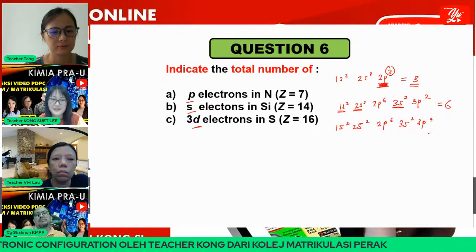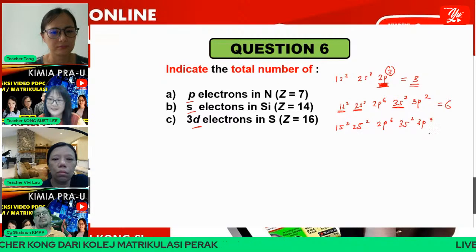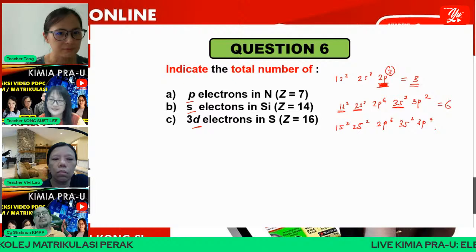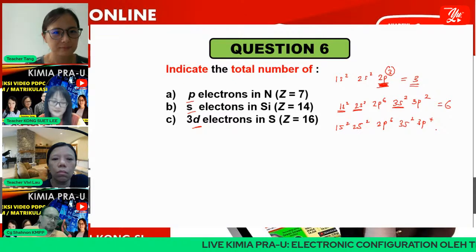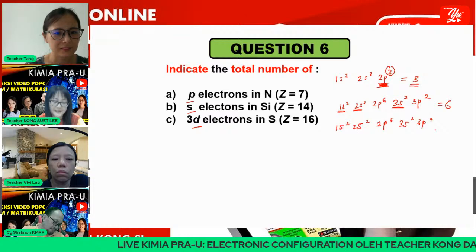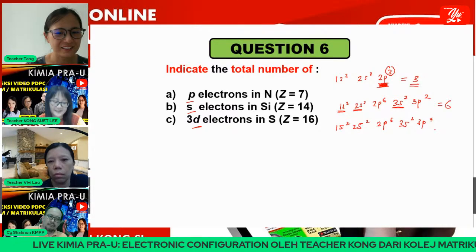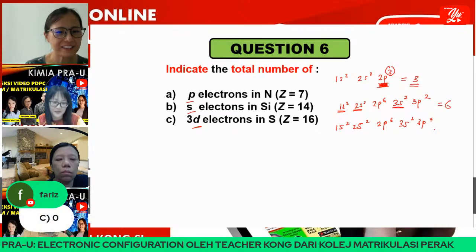Is there any 3d electron for sulfur? Wow, I saw the answers already. Izzati says 0 and Faris says 0.